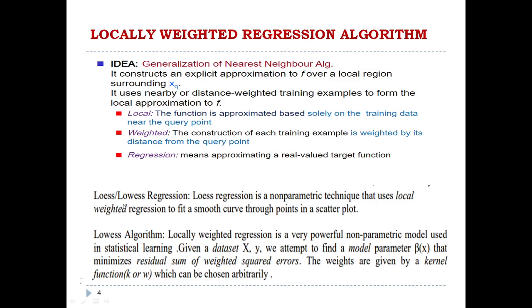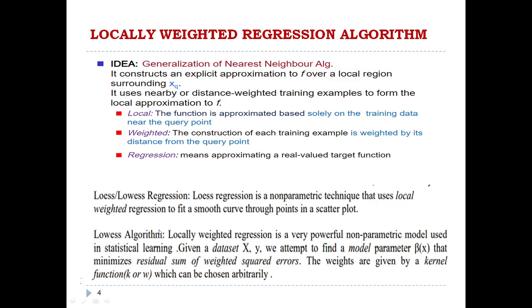So here locally weighted regression algorithm is a non-parametric technique that uses local weighted regression to fit a smooth curve through points in a scatter plot. Here we use a kernel smoothing concept to fit a smooth curve through these points in a scatter plot.